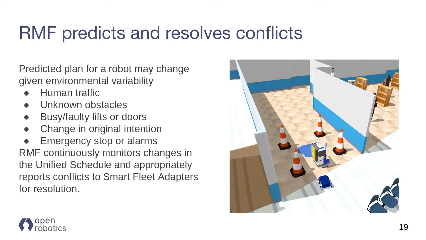There's a change in intentions. Some tasks might be canceled. There might be alarms happening and all that. So that's why RMF continuously monitors changes in the unified schedule, and will appropriately report that to the smart fleet adapters to go into a resolution to solve this problem.